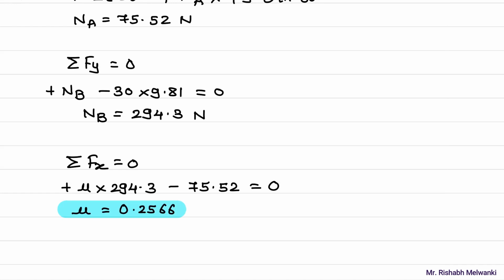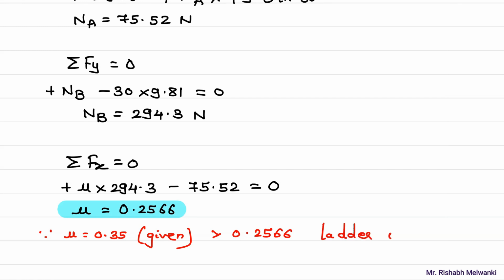Now if you consider the given value, I'll write down the concluding remarks. Mu is equal to 0.35, this is the given value, which is greater than 0.2566. What will happen? The ladder will stand.